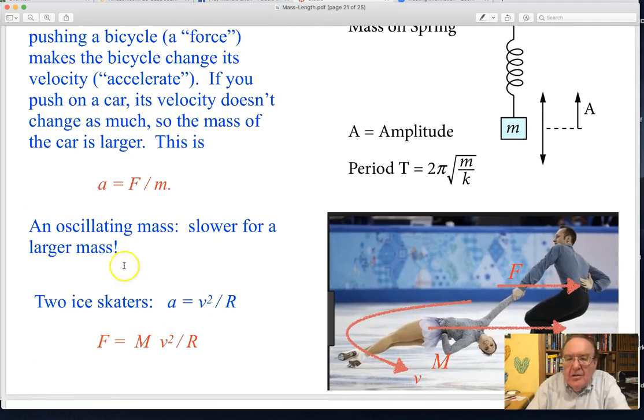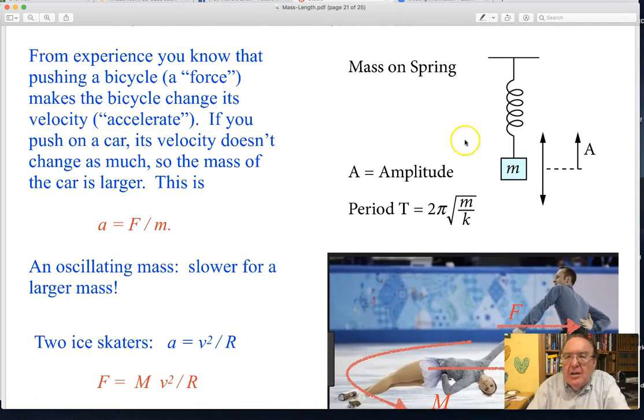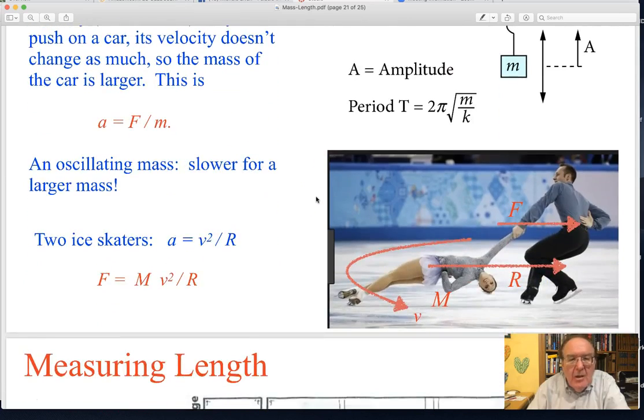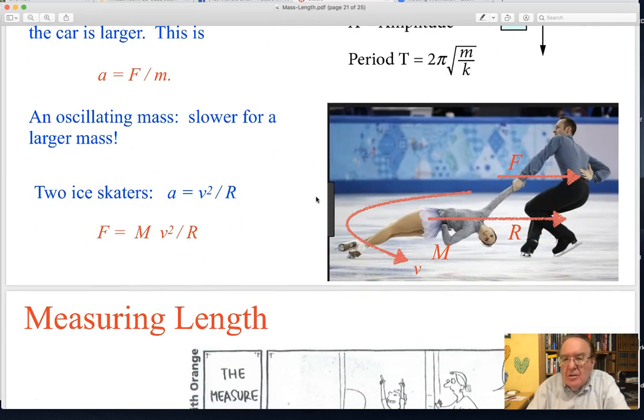So now, take for example a mass on a spring, and we'll do this next week when we measure time, like building clocks. Put a mass on a spring and let it oscillate up and down. How fast it oscillates up and down depends upon the mass. It doesn't depend on gravity. A similar thing, actually it's conceptually the same thing, is an ice skater. An ice skater has a mass m and is spinning around an axis with a velocity v.